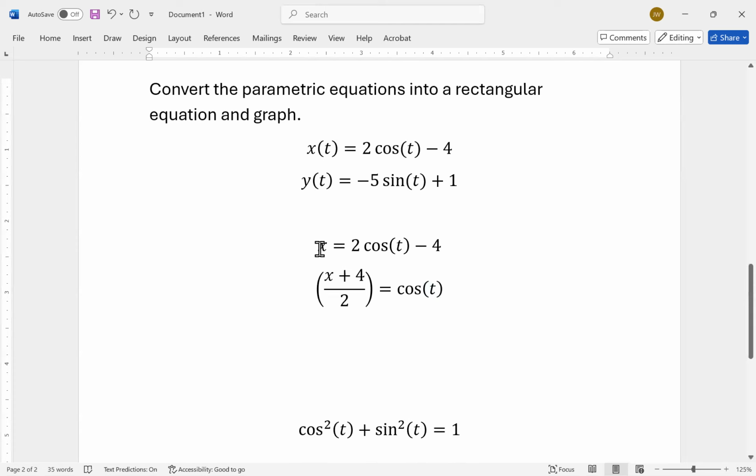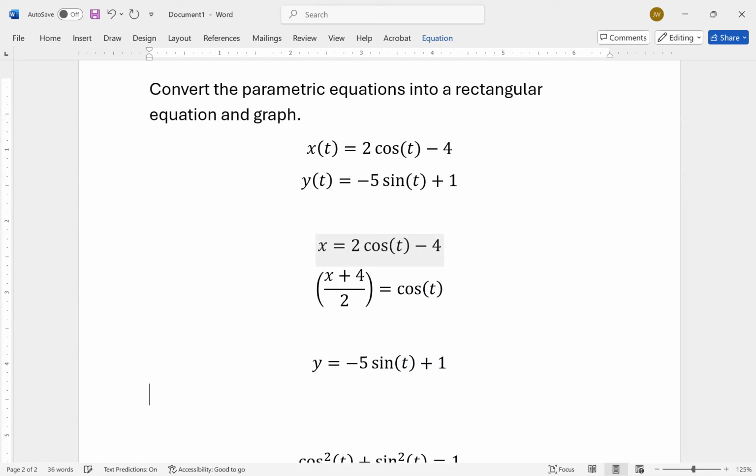Now let's do the equation for y. We have y is equal to -5 times the sine of t plus 1. I would subtract 1 from both sides and then divide by -5. That would give me (y minus 1) over -5 is equal to sine of t.